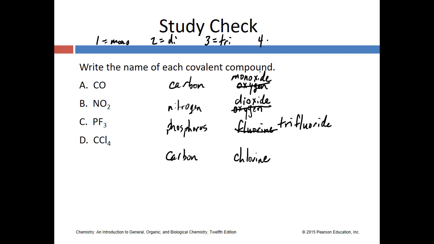Prefix for 4 is tetra. So chlorine gets changed to chloride. And we add the prefix tetra. So this would be carbon tetrachloride. All right, any questions with these four?